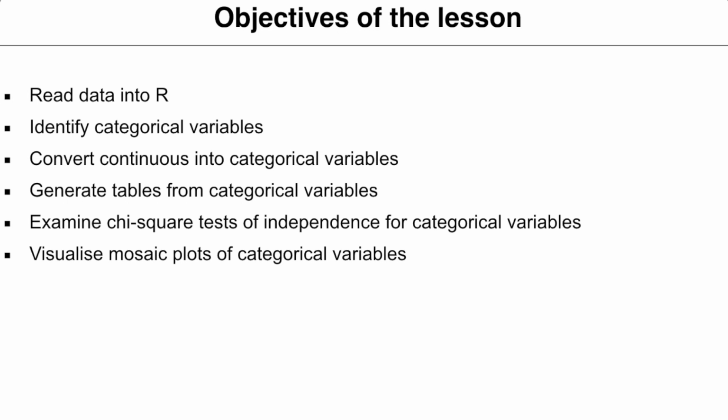So this is the motive that I'm going to follow. Those are our learning objectives. To recapitulate, we will be reading data, and one of the very important things is that we will let R identify the categorical variables in a data frame.